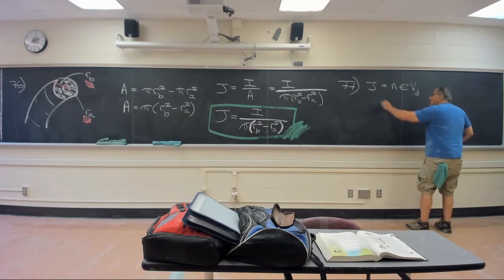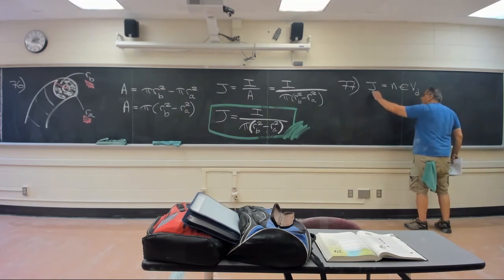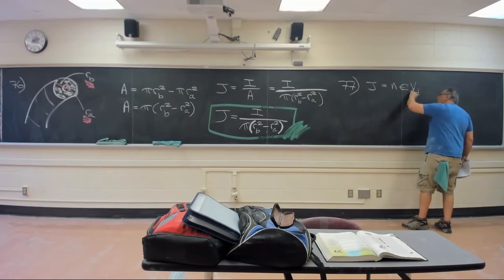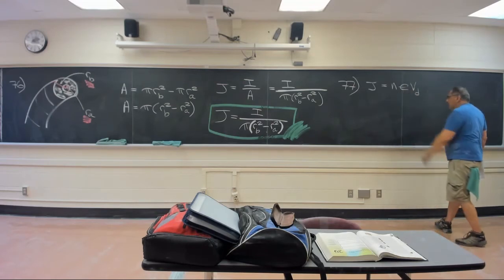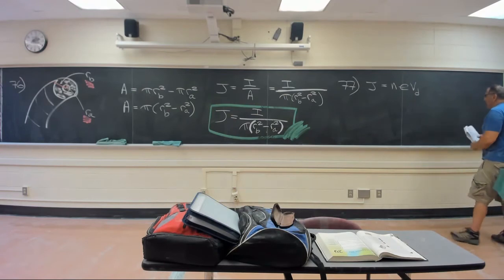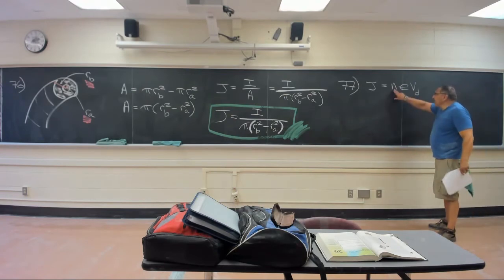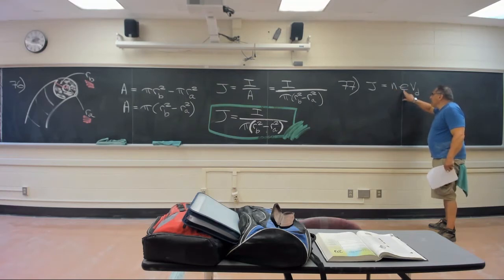So J, the current density, is equal to the volume charge density times the charge per charge carrier times the drift velocity. What's going on here? Well, this is the number of charges per unit volume. You multiply by the charge per charge carrier. That's the total amount of charge per unit volume.